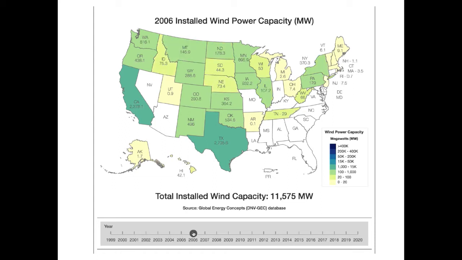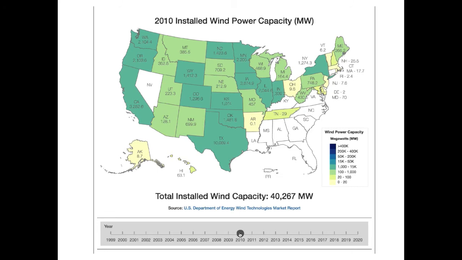I mentioned in the last slide that many of the states in the U.S. Southeast do not have high average sustained winds, but the states in the Rocky Mountains and Great Plains regions do. There are significant sustained wind speeds off the Pacific coast, California, Oregon, Washington.